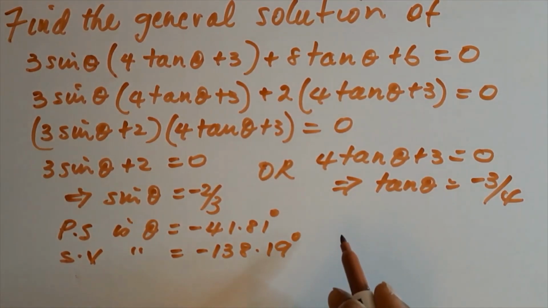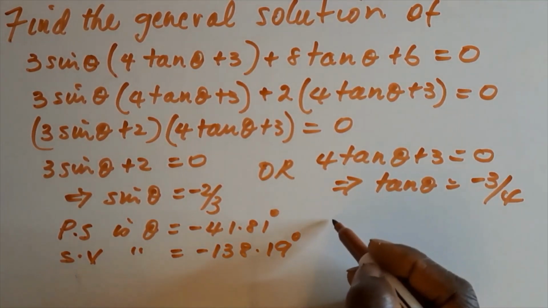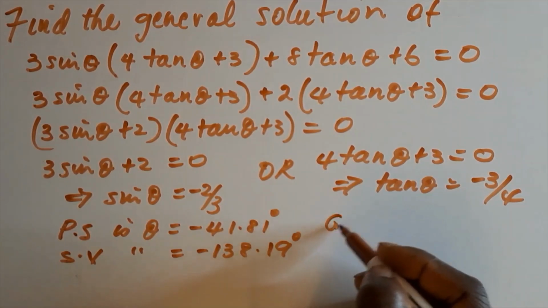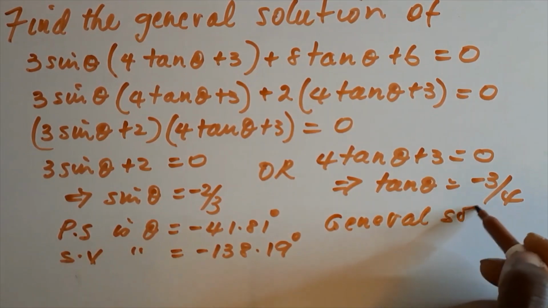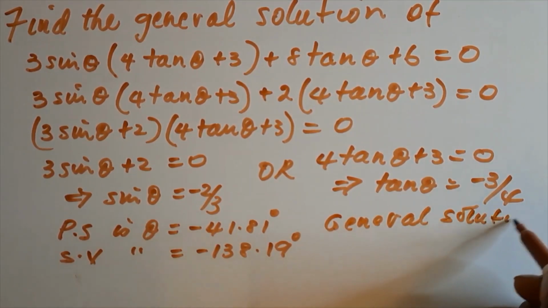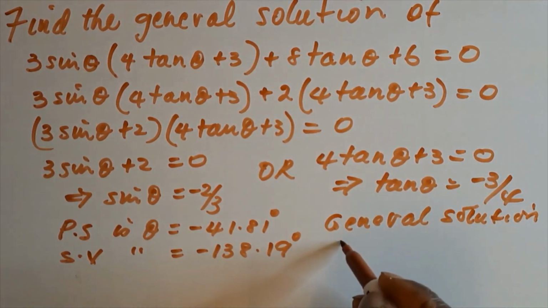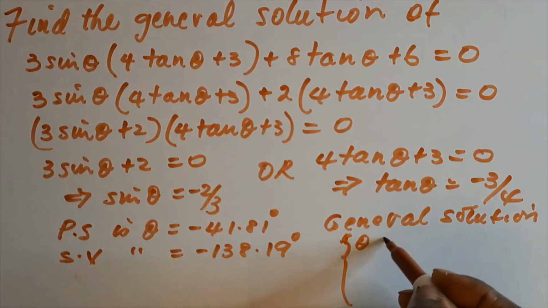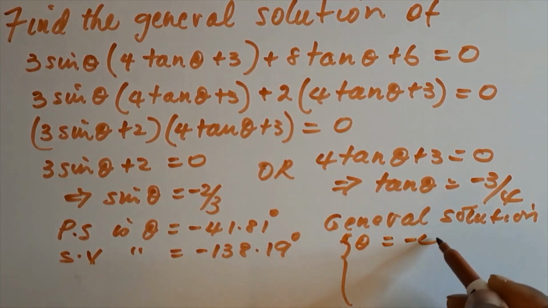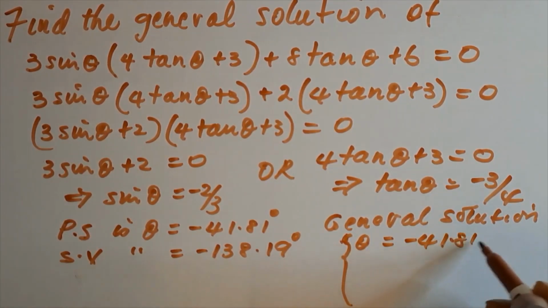So our general solution for these, you can just write it in curly brackets as theta is equal to minus 41.81 degrees.